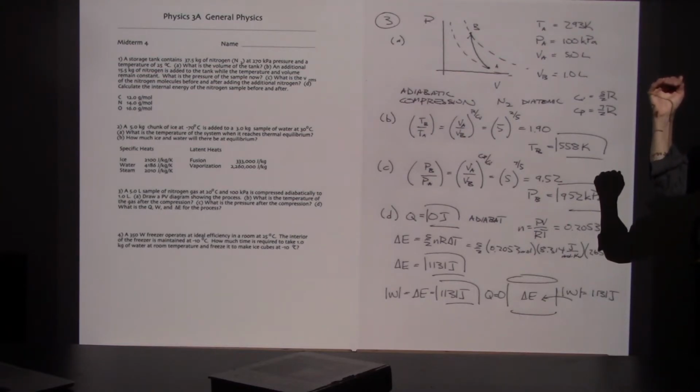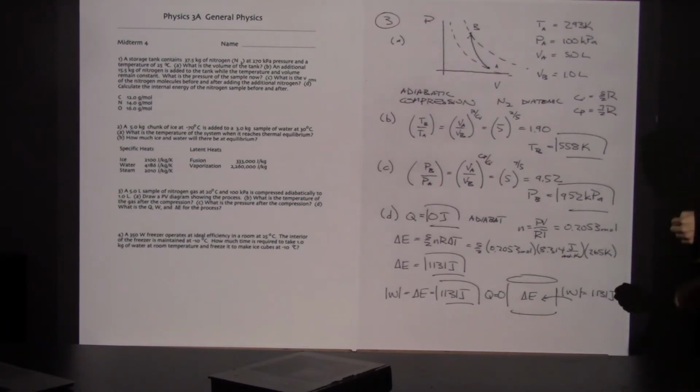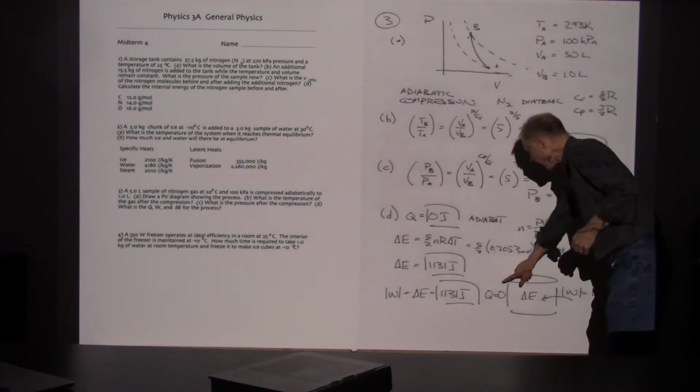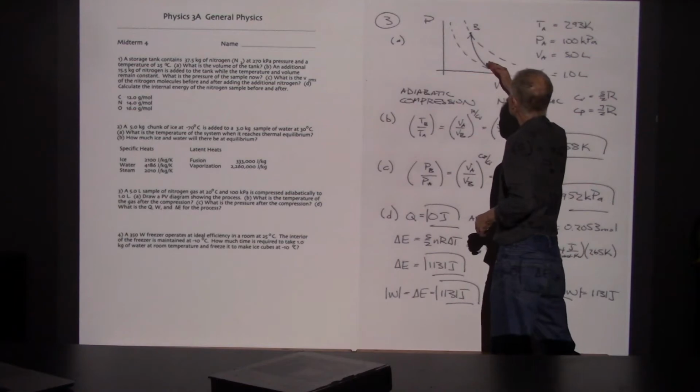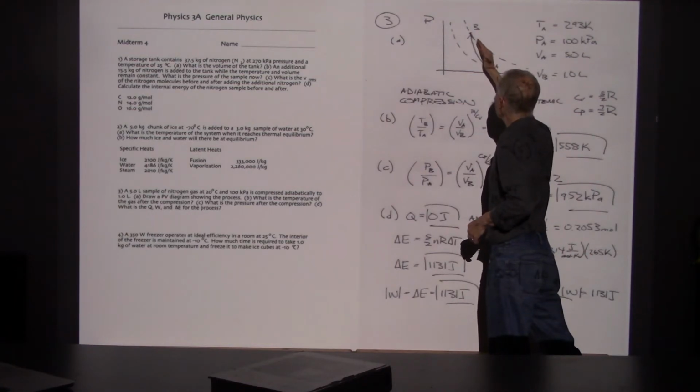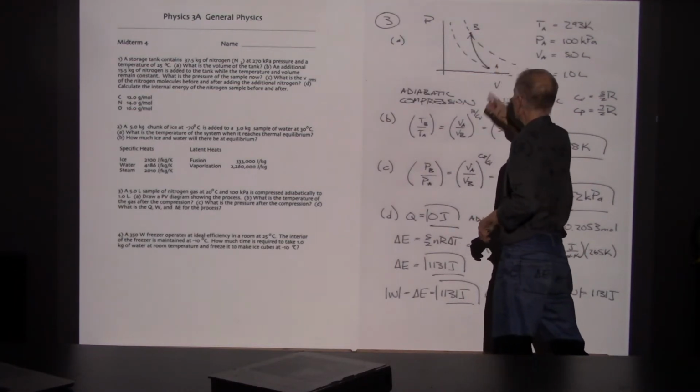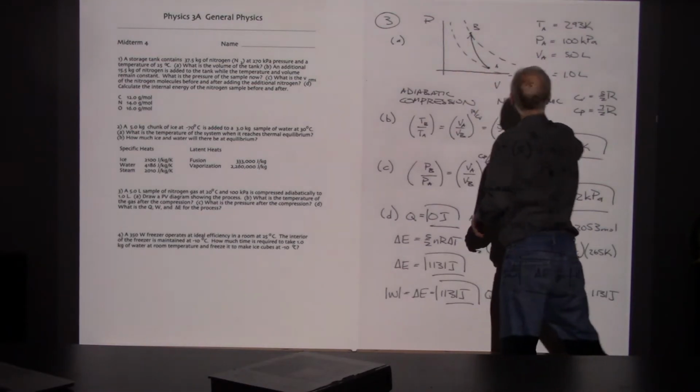Temperature is going to go up if we compress adiabatically. We're not allowing any heat to escape, so the temperature heads off towards a higher and higher isotherm. Here's point A, here is point B.